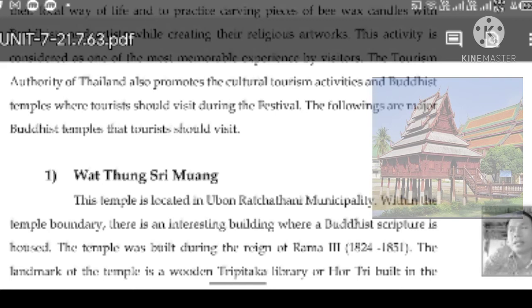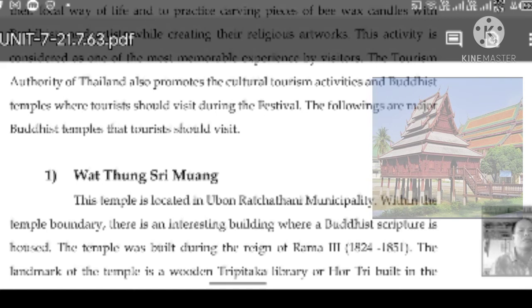Many students have already visited there. In Wat Thung Si Mueang, there is something very outstanding. Outstanding means very special among others. In the temple, there is a religious building we call Sala Loi Nam, or Bot Loi Nam in Thai.